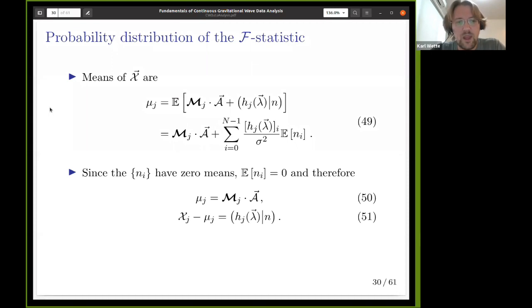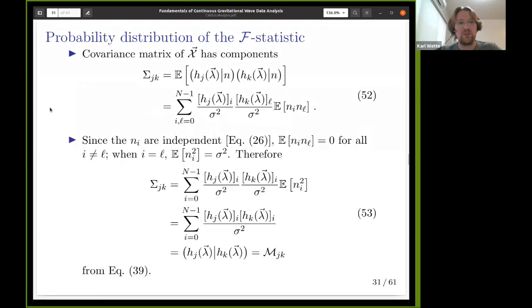If we work through and take the expectation value of the definition of x, we get equation 49, and then noting that the expectation value of the noise is 0, we get equation 50, which gives us the mean of each of the xj. So it's just a times mj, sorry, and then subtracting off the means from x, we get this inner product of hj with the noise.